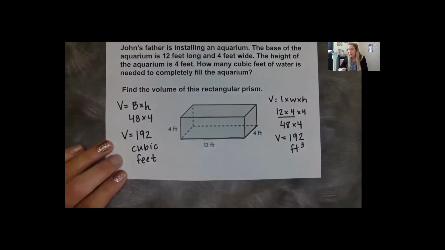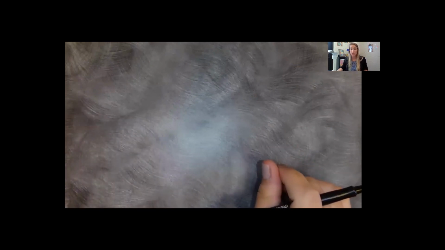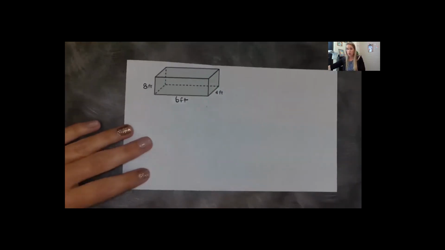I think we have time for one more. Are you ready? Same thing. I'm going to give it to you and let you work, and then we're going to come back and we're going to discuss it together. You'll have about 2 minutes. Are you ready?